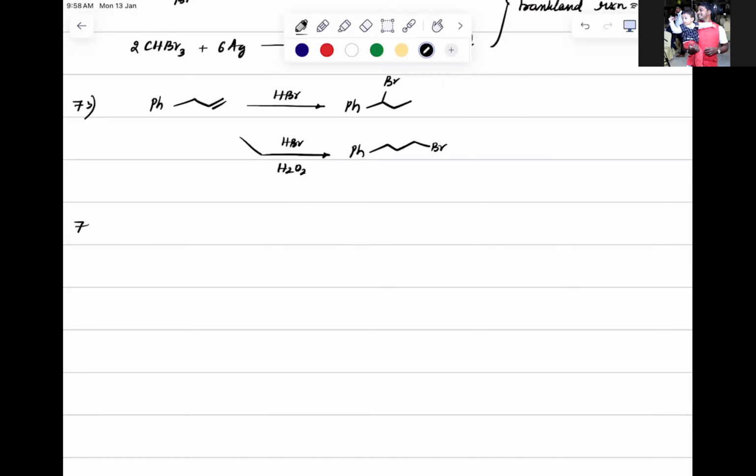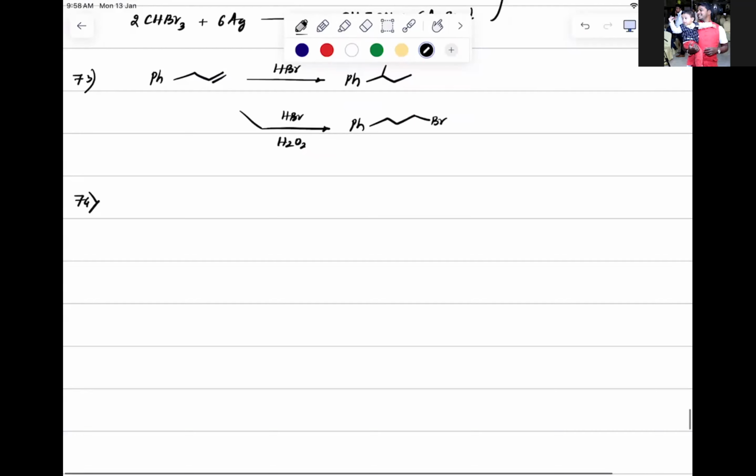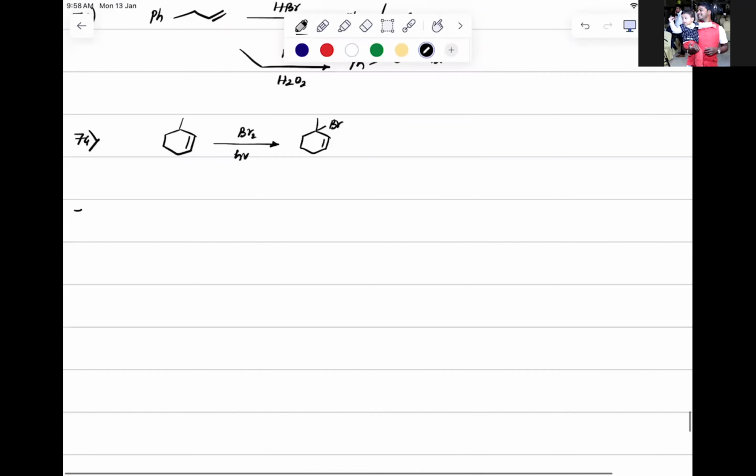Next. This is again an in-text question, where Br2 and h nu are given. In such a case, if nothing else is given, only go for one bromination. Okay. So if a lot of data is not given, only go for single bromination here. All right.